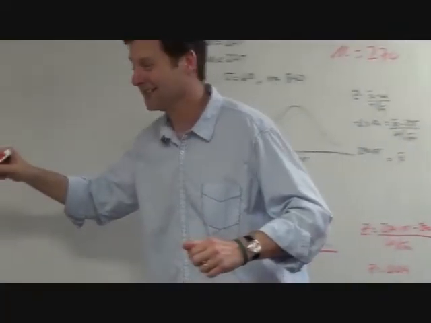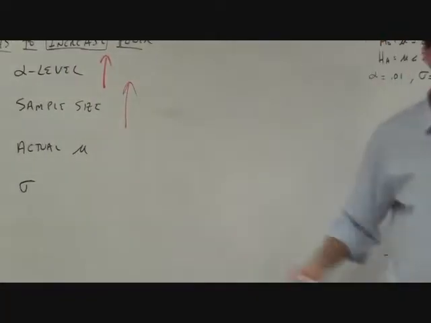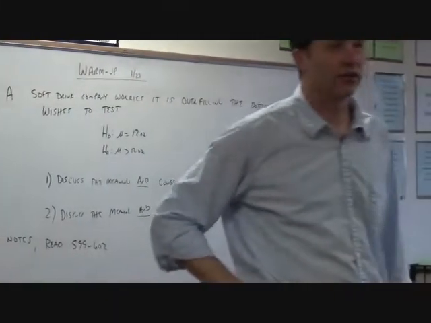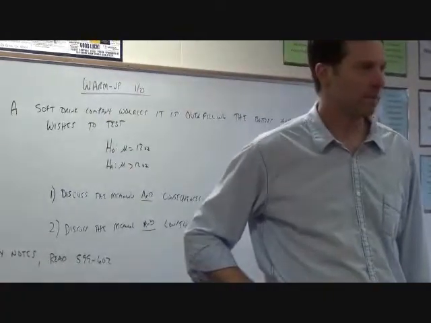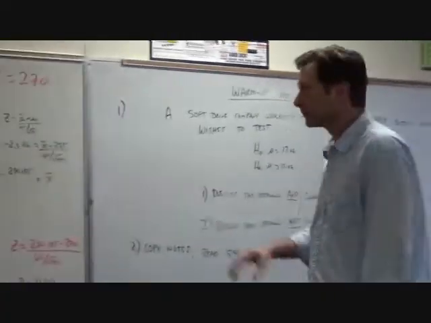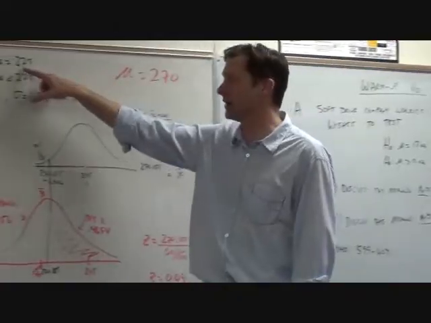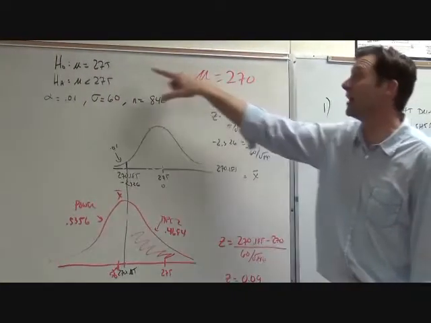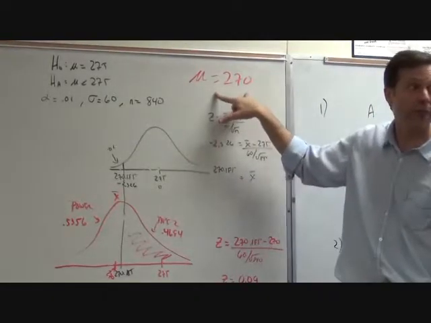With me? All right, let's get to Zane's comment here a little bit. How does where the real mean is affect power? For example, in this problem they said the true mean was 275, but we actually know the real mean is 270.